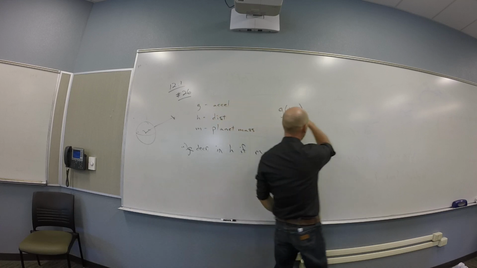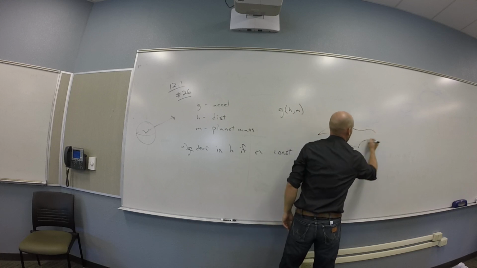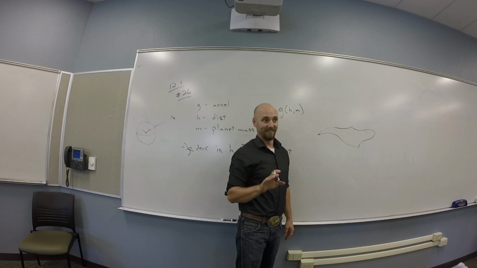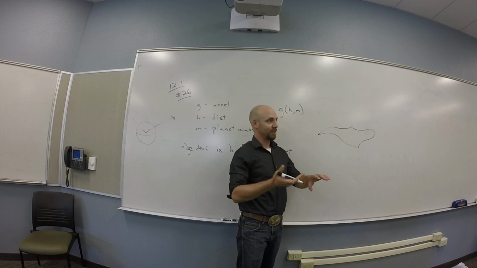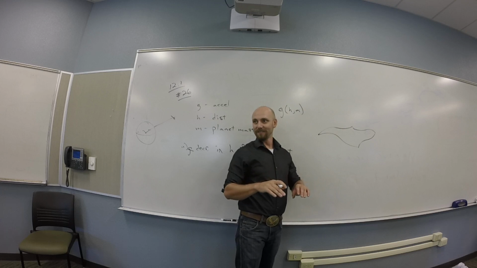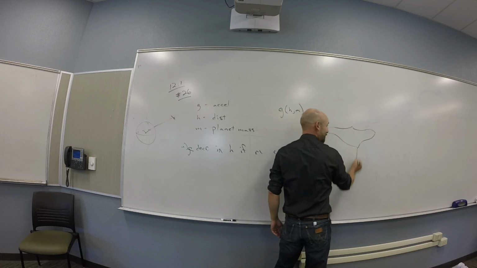So I have some surface. This is not what a gravity surface looks like in general, because gravity is an inverse square law. So it really looks like something.